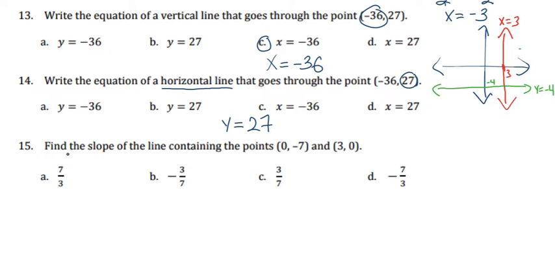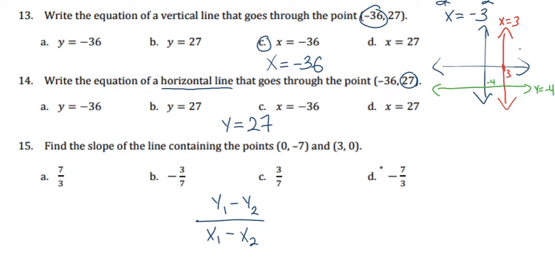Number 15. Find the slope of the line containing the points 0, negative 7 and 3, 0. In order to find the slope, we need to plug it into the equation y1 minus y2 over x1 minus x2.